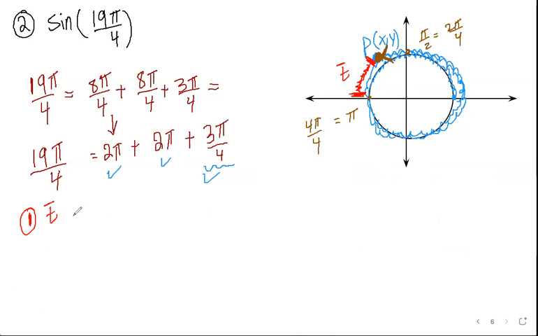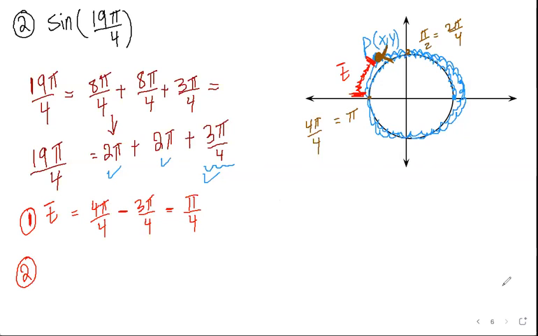This is true. How do I know? Subtract 3 pi over 4 from 4 pi over 4. So 4 pi over 4 minus 3 pi over 4 gives me pi over 4. The distance here is pi over 4. t bar is pi over 4.